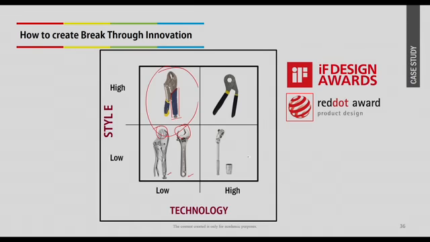And in this quadrant we have the gear wrench where the mechanical advantage is very good, but the lifestyle impact is very poor, whereas we have a good product like this bionic wrench.